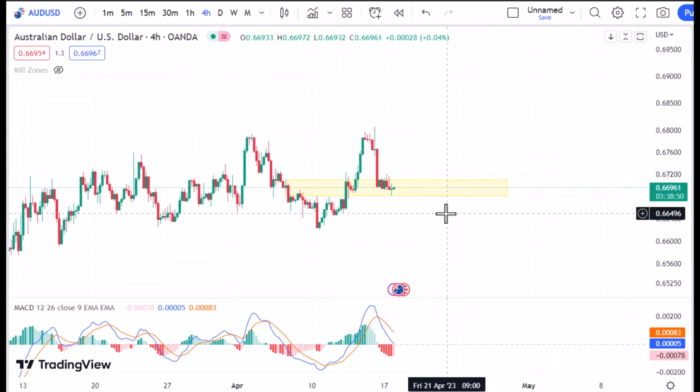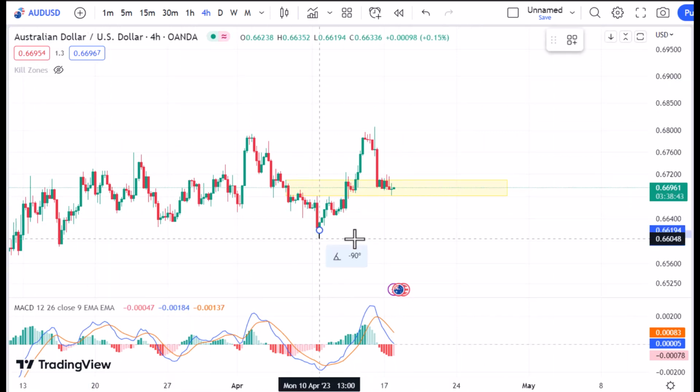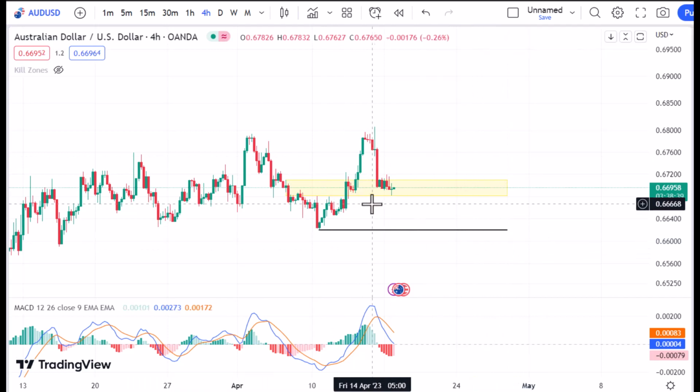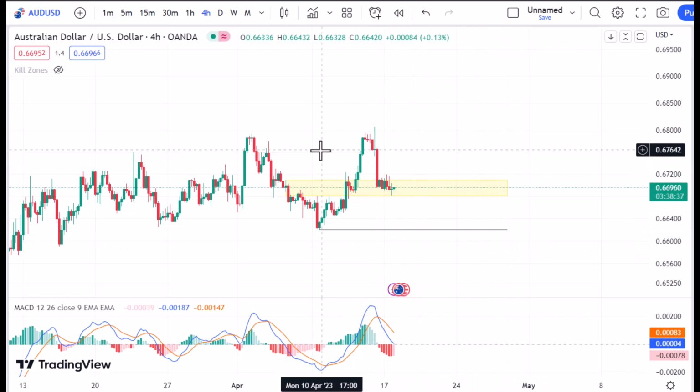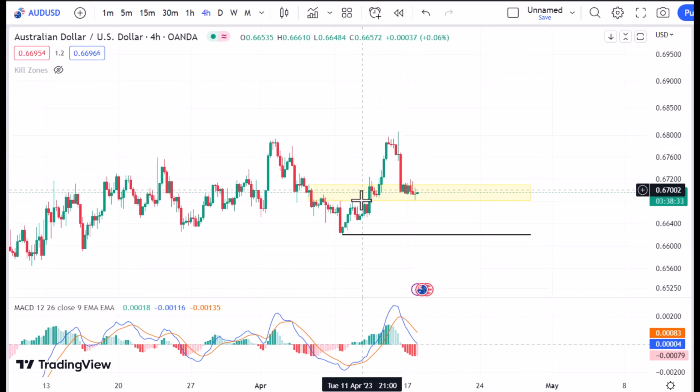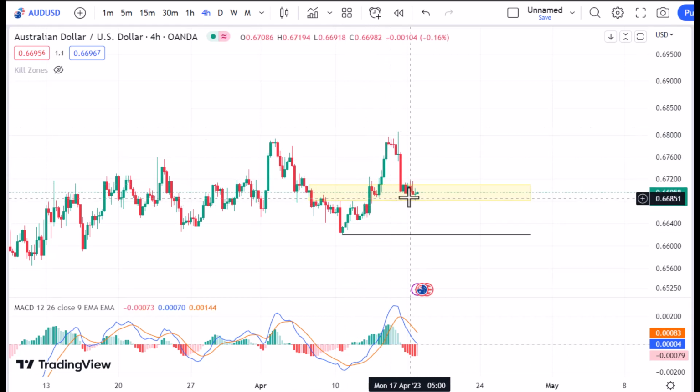Okay, so now that we have our level, we have to find our stop loss, which is going to be here. And for finding TPs, we are seeing now that the market has broken this level before, went up and retraced back to the level again, and it's currently reacting to this level.